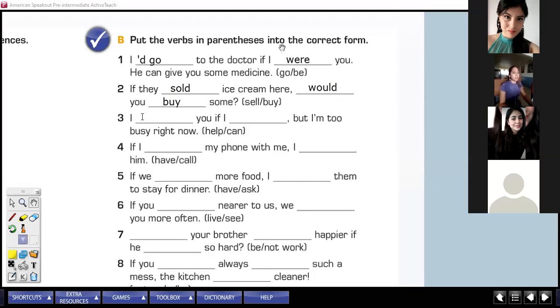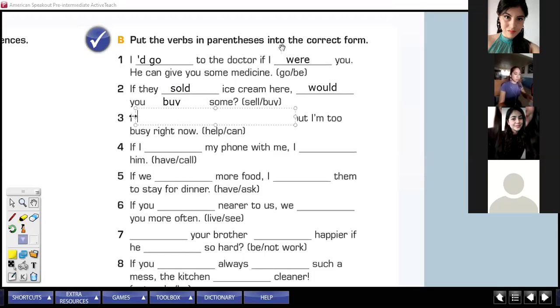Number 3, I would. Remember that we can change conditionals. Sometimes the conditional is at the beginning, if they sold, and sometimes the conditional is in the middle, if I. So after if is past, and the rest is would.